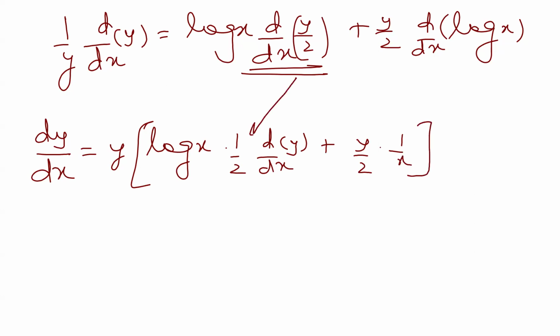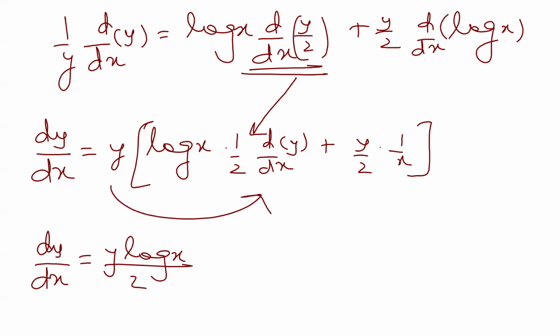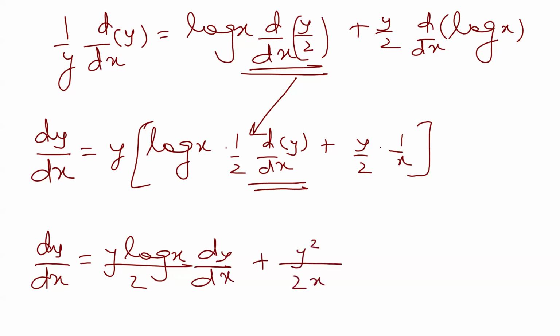This half went outside, d by dx of y. So dy by dx is equal to y log x upon 2 multiplied by y within the bracket, and this dy by dx of y will become dy by dx, plus y square upon 2x, y within the bracket. Multiply y with both the terms. After this step, I'm going to group dy by dx terms together.